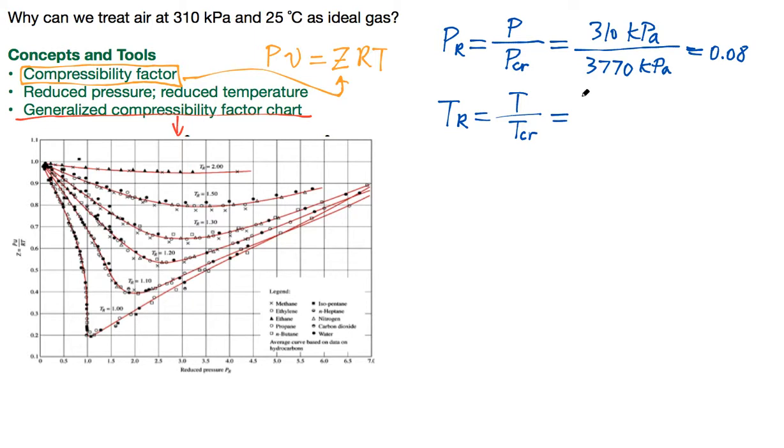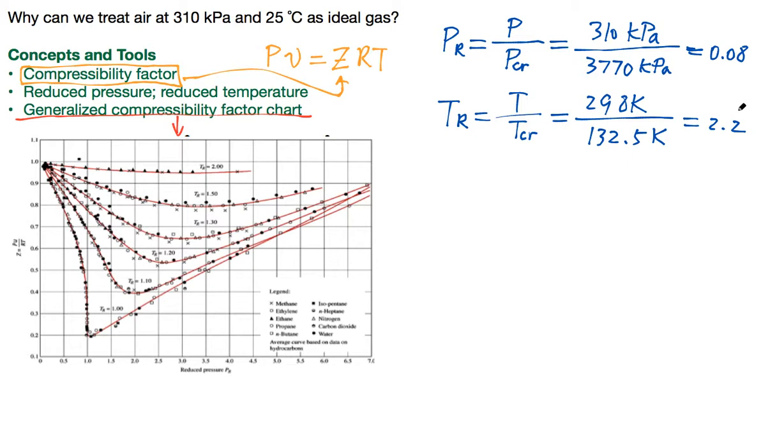In this case, we have 25 degrees Celsius, which is 298 Kelvin, divided by the critical temperature of air, which is 132.5 Kelvin, and this is roughly 2.2. Let's use 2 significant digits. Now both of these quantities are dimensionless, so they have no units.